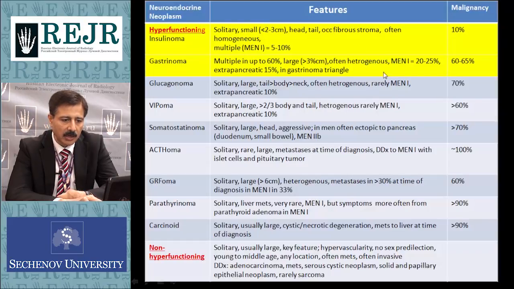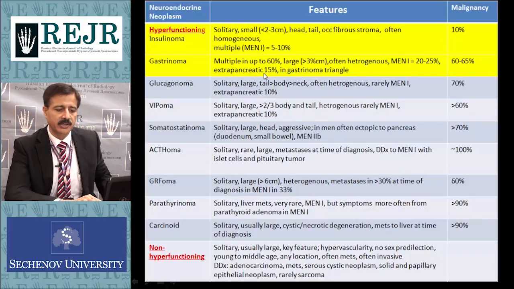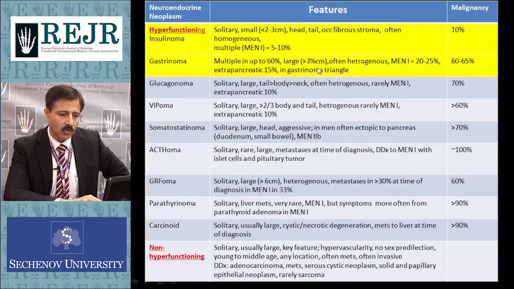Again, they can be part of the MEN1 syndrome, but a very important point to remember is that about 15% of them are extra-pancreatic, in an area we call the gastrinoma triangle. I'll come back to the gastrinoma triangle in my next slide, but I want to elaborate once again that about 60 to 65% of gastrinomas are malignant.